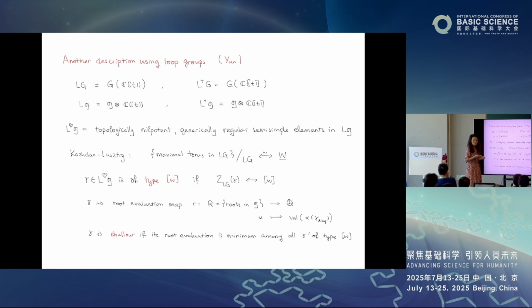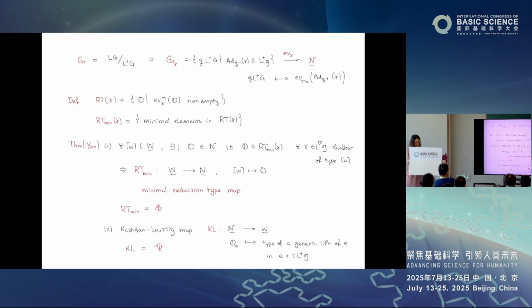It gives some rational number. So this is how it's defined. Then you look at all the elements of type W and look at their valuations, and somehow there's some minimal root valuation among them. So an element gamma is called shallow if its root valuation is minimal.